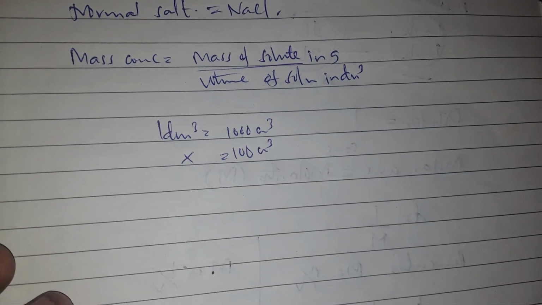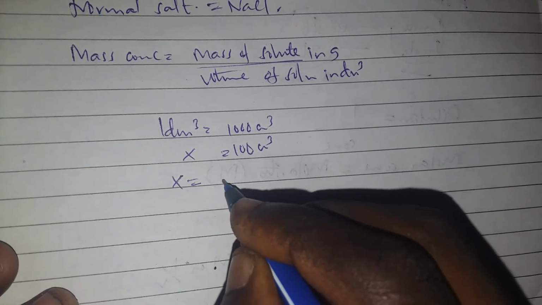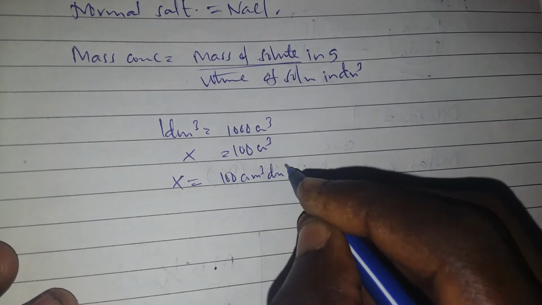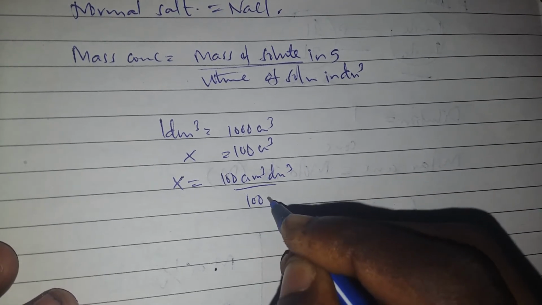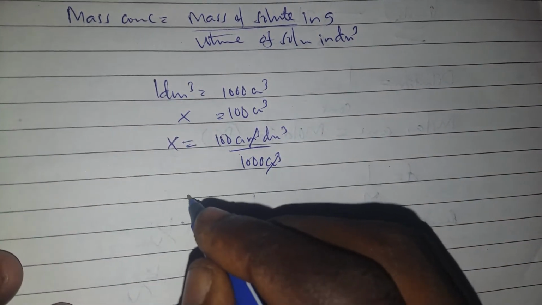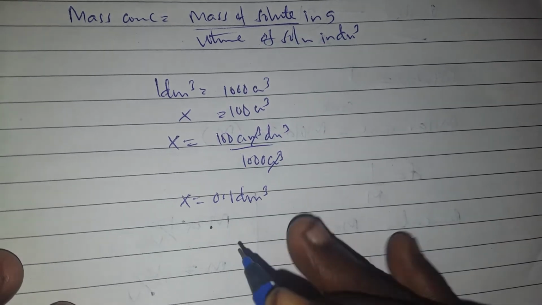Kama una uwezo kuunga moja kwa moja hiyo calculation hamna shida, but x here will be equal to 100 cm³ times 1 dm³ divided by 1000 cm³. So cm³ and cm³ will cancel, then we remain with x is equal to 0.1 dm³.